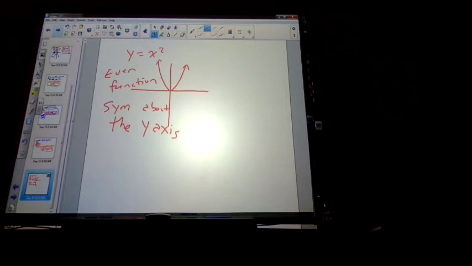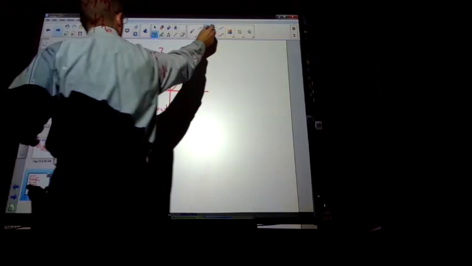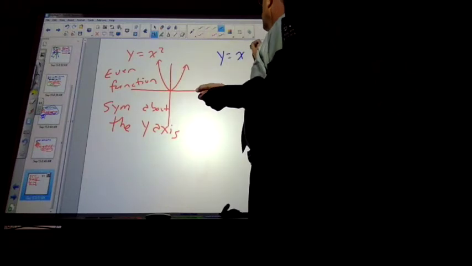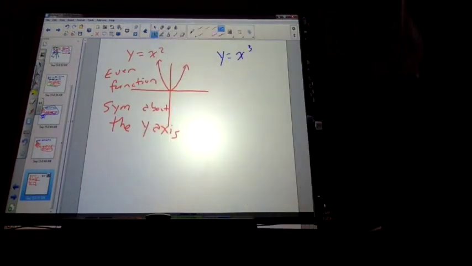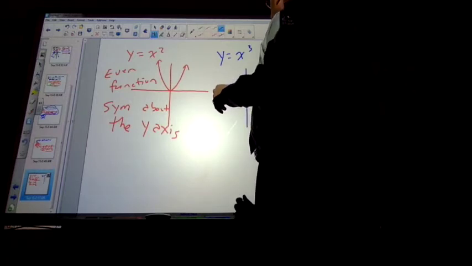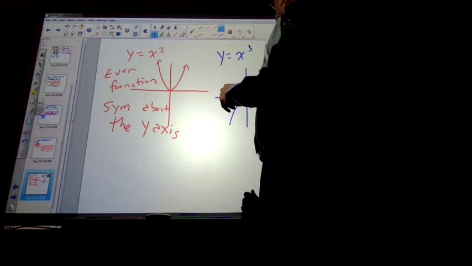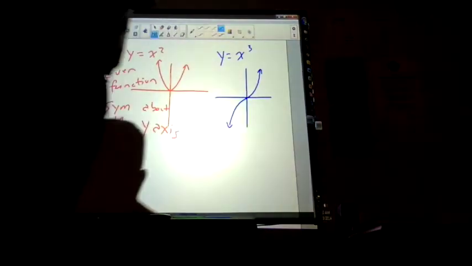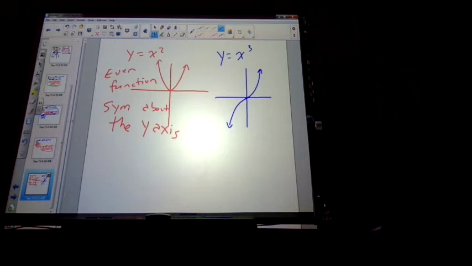You take the y-axis, fold it over on top of itself, and it touches the other side. Let me show you an odd function. If I take negative x and plug it in here, I get negative x, negative x, negative x, which is the same thing as if I multiply the other side by negative. So this function does this. Where's my symmetry? Can I fold it over the y-axis and it matches back up with itself? Can I fold it over the x-axis and it matches up with itself?